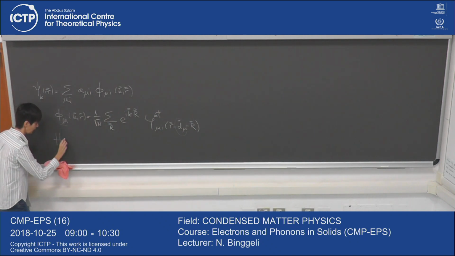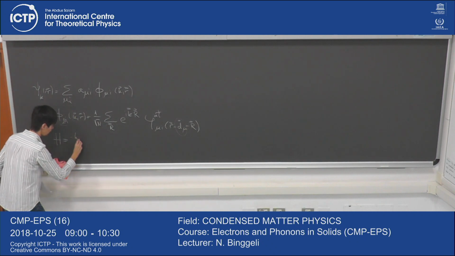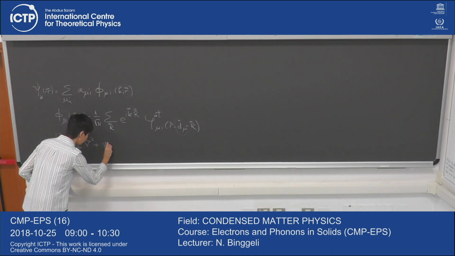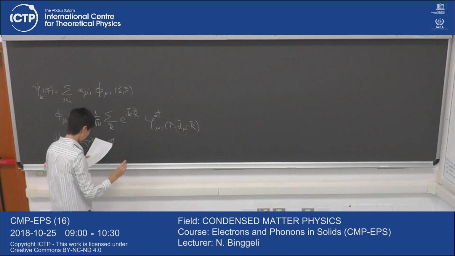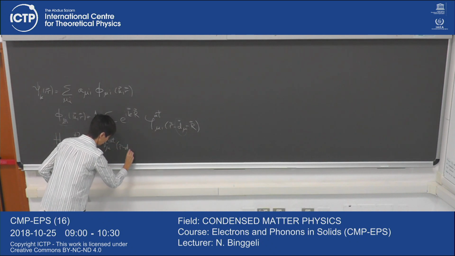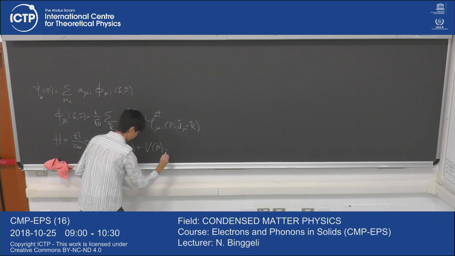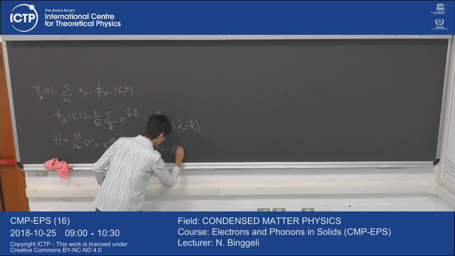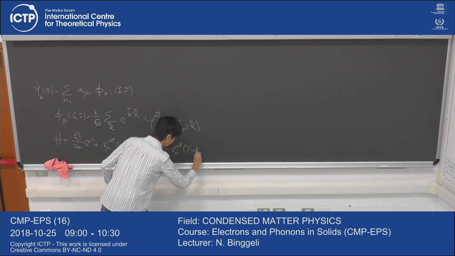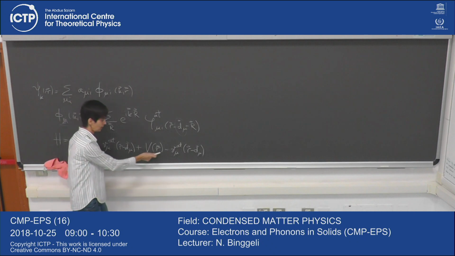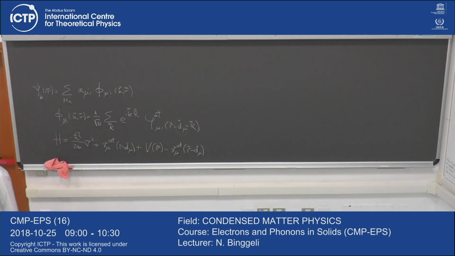What is our Hamiltonian? I'm copying, so no need to copy it from the blackboard. There's a small v, the atomic one. So this V of R, the capital one, is the sum of all ionic potentials.